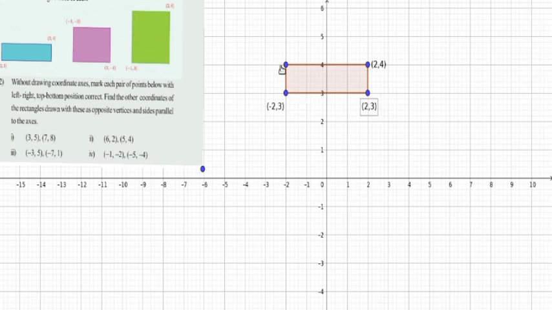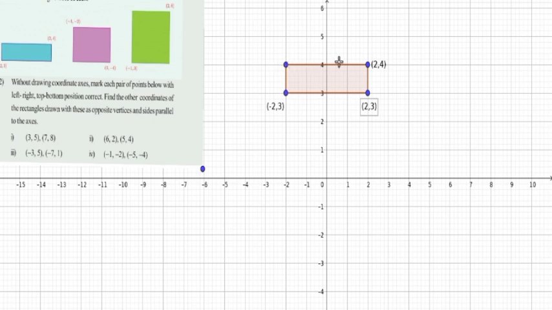Now we are going to find the other coordinate. See, this line is parallel to the y-axis. If a line is parallel to the y-axis, the x coordinates are the same. Here the x coordinate is -2, so the x coordinate of this point is also -2.